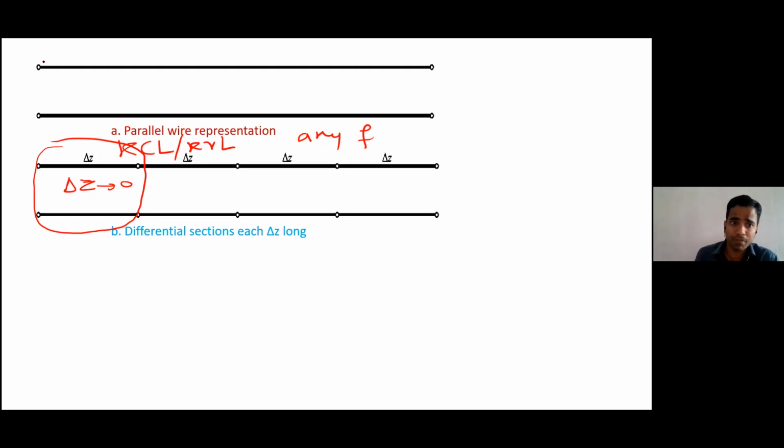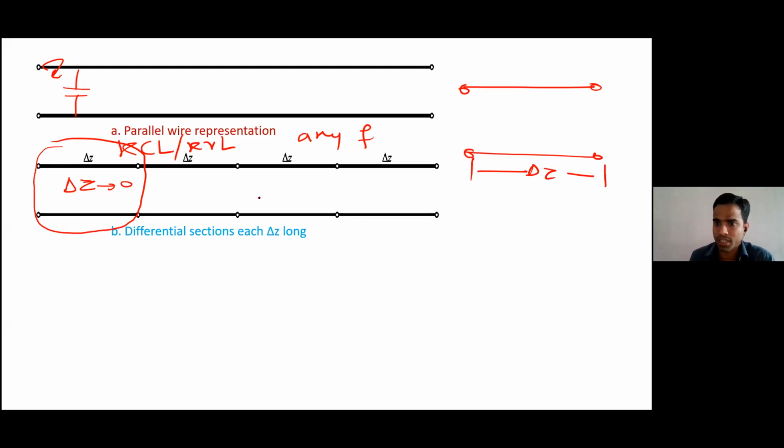Now you must be thinking, if there is a magnetic field or a capacitance here, how do we model it? If this is our delta z subsection, we can put a resistor and an inductor here. It's distributed, not exactly located at one point.